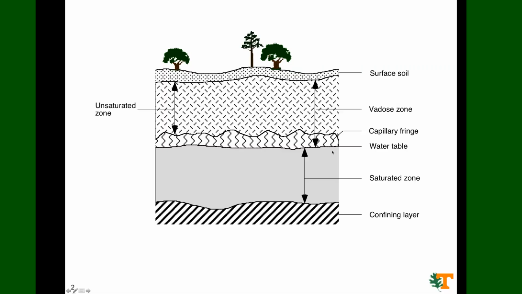So this is the zone saturated with groundwater, the water table, and just above the water table where capillary forces pull up groundwater, we have the so-called capillary fringe.